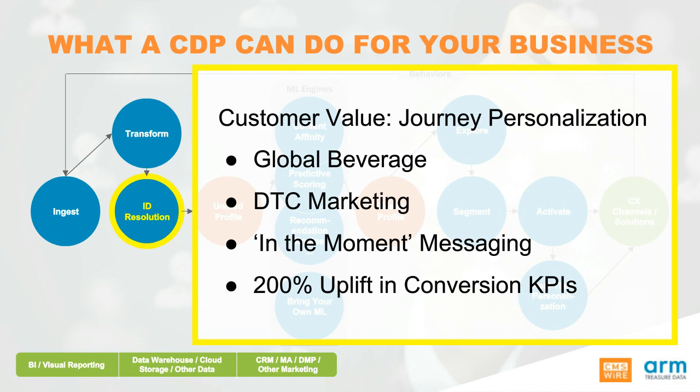If you're able to do that by understanding where the person is in the journey, by stitching all the information together to the person, you can run that personalized messaging at that spot. Basically, this particular customer experienced a 200% uplift in conversion KPIs because of personalized messaging.